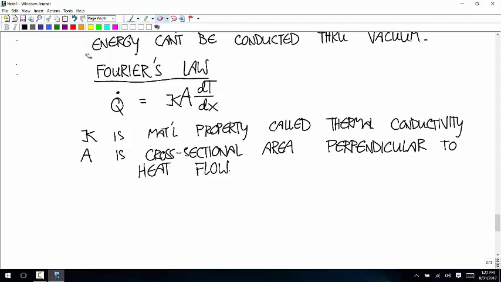And x has to be set up so the direction of positive x is towards the lower temperature, because conduction always happens from the high temperature toward the lower temperature. So that's the direction that the heat's moving.